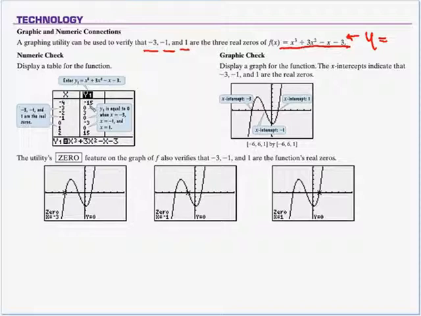Here is a column of x values, here's a column of y values. If you scan the y values, you'll notice 3 zeros there. And the x values that those occur at are negative 3, negative 1, and 1. You could also check graphically. Display the graph with the calculator. The x-intercepts show those zeros.